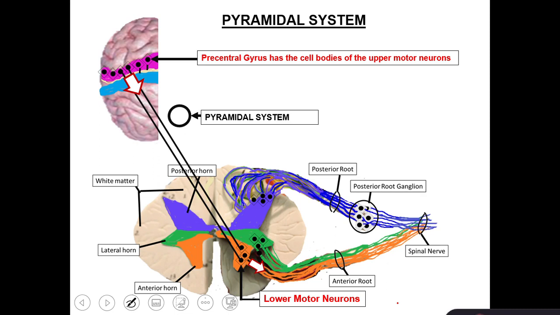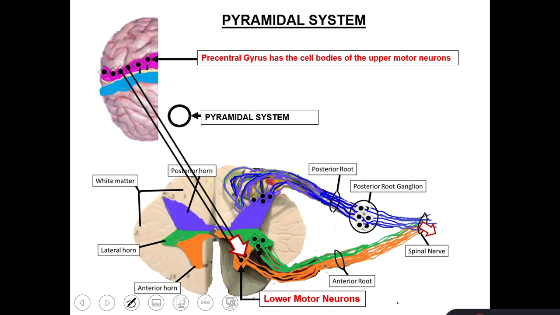The signal begins from the upper motor neurons found here in the precentral gyrus, then goes down with the pyramidal system to the lower motor neurons in the anterior horn of the spinal cord. From the lower motor neurons in the spinal cord, the signals go with the spinal nerves to move your skeletal muscles.